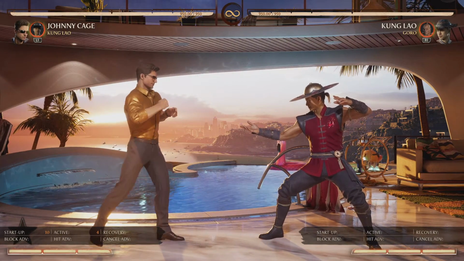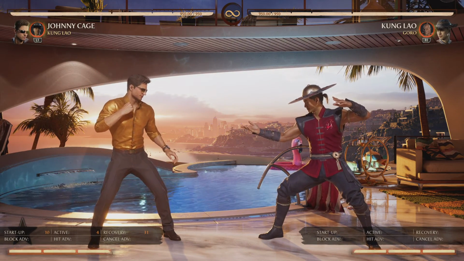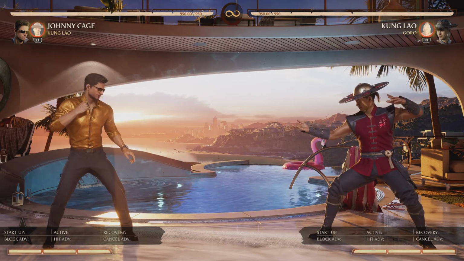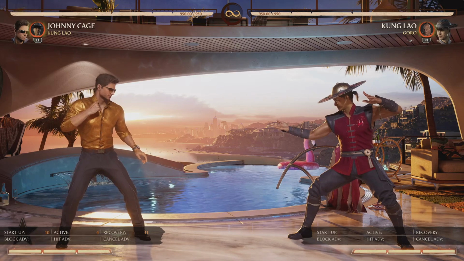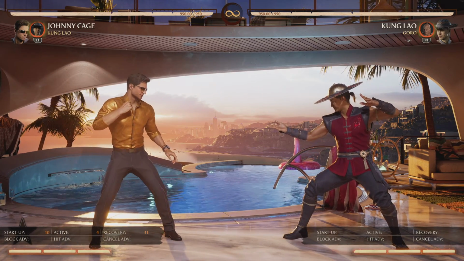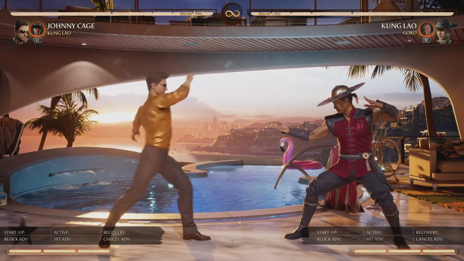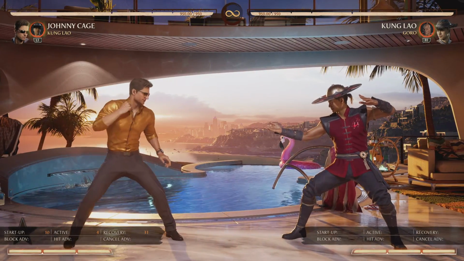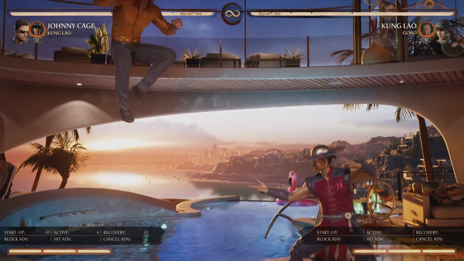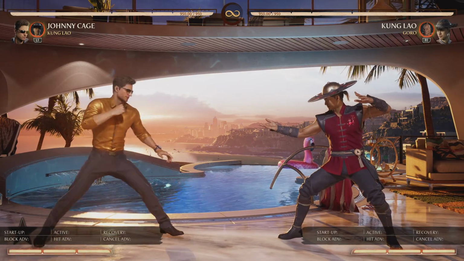And then the recovery frames, pretty self-explanatory. It's how many frames it takes for your character to recover back to neutral after an attack. As you can see, this move recovers in 31 frames. So that is 31 frames after the startup of the move until I can move again. I'm holding up to jump as soon as possible as the move recovers. Certain moves have way faster recovery.